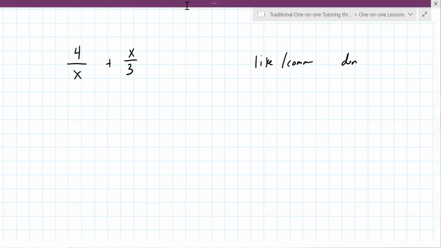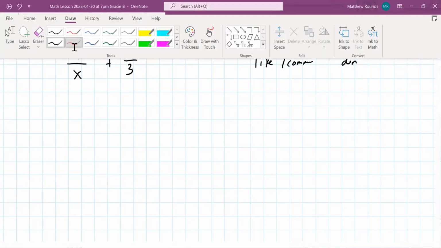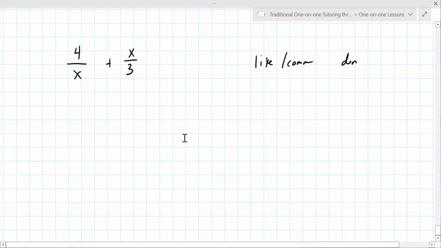So let's build up to that problem here. Let's say I asked you to take 4 over x plus x over 3, and I wanted you to add these. You have to make a common denominator. Can you tell me what that common denominator would be? 3x. 3x.